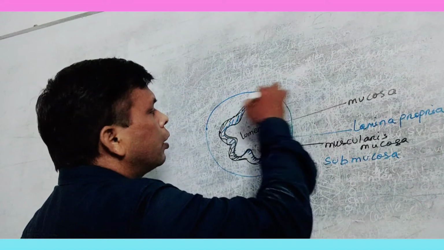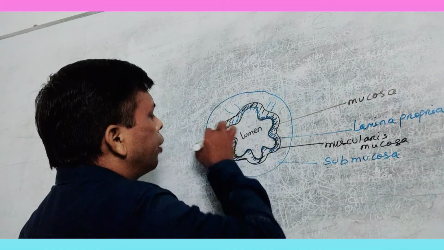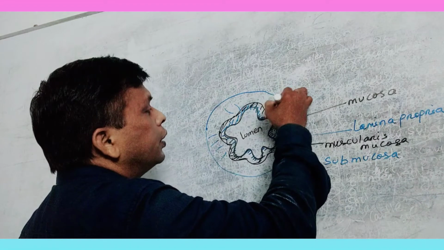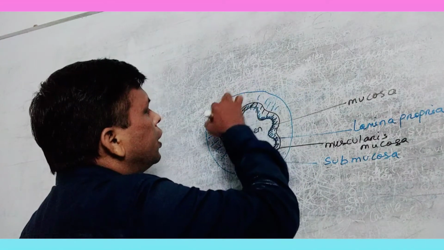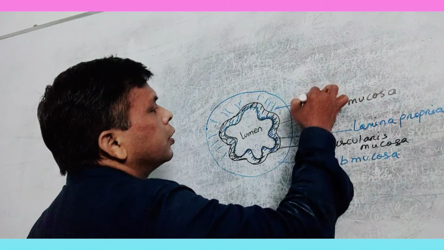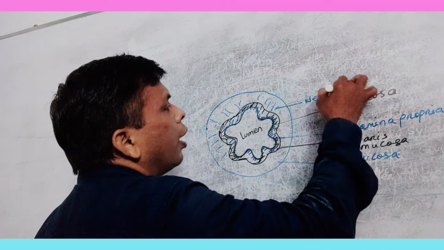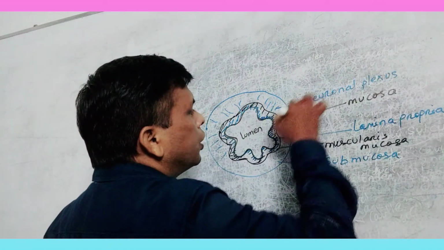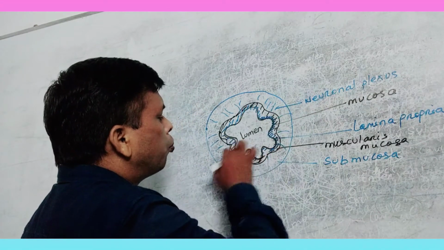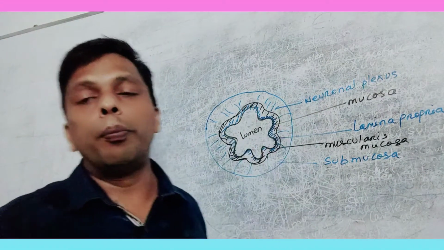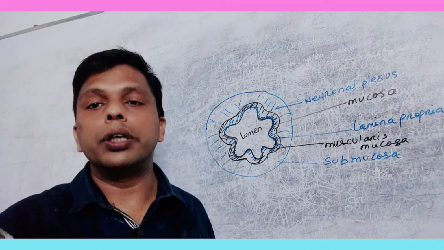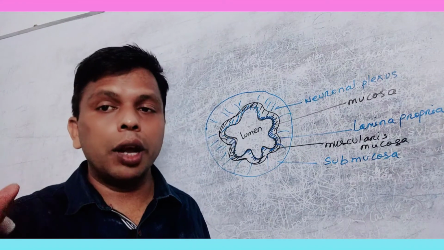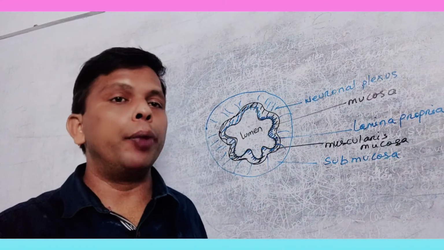So here the neuronal cell bodies are present. The neuronal bodies are called the neuronal plexus. The neuronal plexus provides the motor impulse to the mucosa for contraction of the alimentary canal and movement of food.